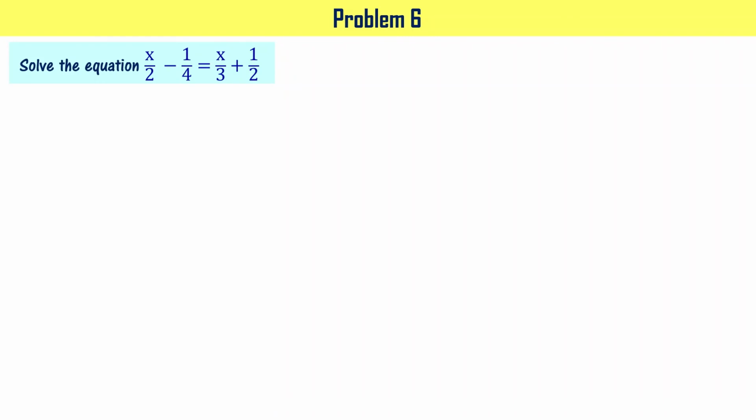To do that, I'm going to take x by 3 from this side to the other side. Since it is plus x by 3, it becomes minus x by 3 on the other side, right? And now I can transpose minus 1 by 4 to the other side.